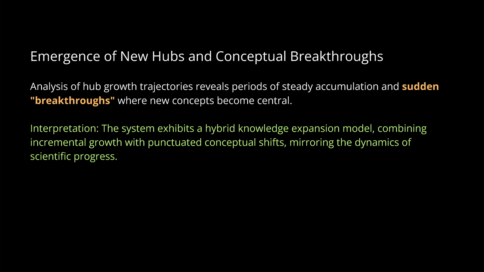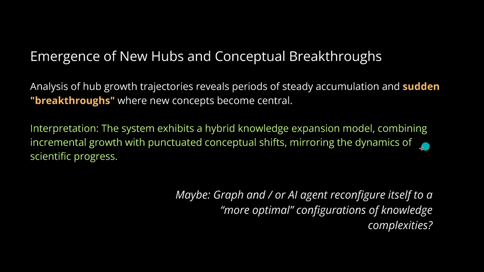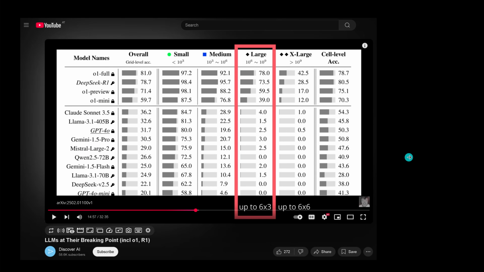So the knowledge, if you want, reconfigures itself and builds a hybrid knowledge expansion model. It is not that easy to explain on a pure knowledge level, but hey, this more optimal configuration of knowledge complexity, it seems that it might exist. This is all I can tell you for the moment.